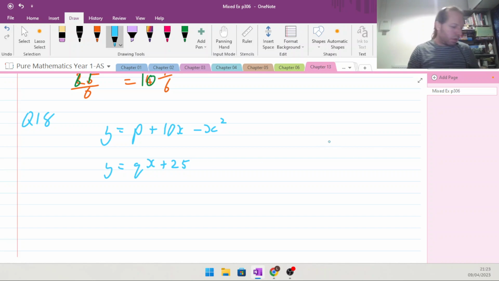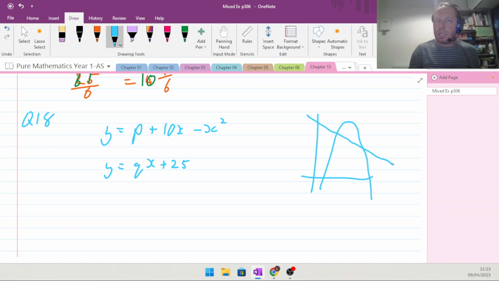Okay, drawing us a nice picture. Something like that. And so they've drawn this in, A, C, B. They say this point down here is 4 and this point here is 8.